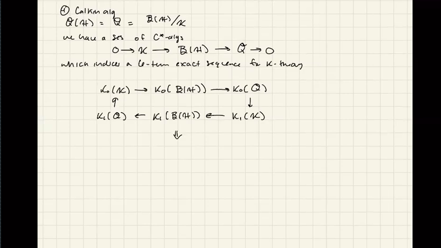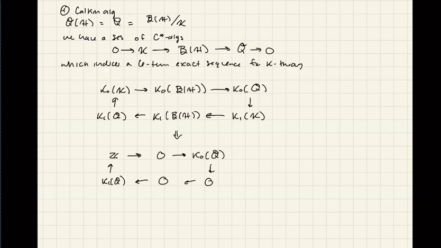So we know that K0 of the compact operators is the integers, K0 of B of H is 0, K1 of the compact operators is 0, likewise for K1 of B of H. And so we have this. Okay?